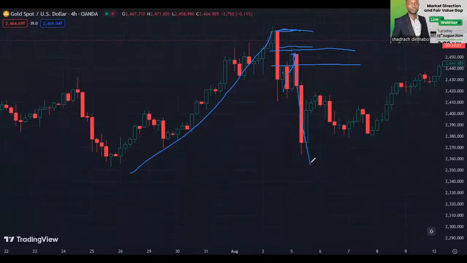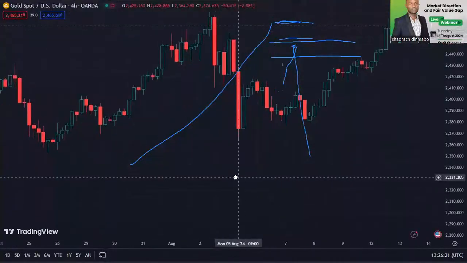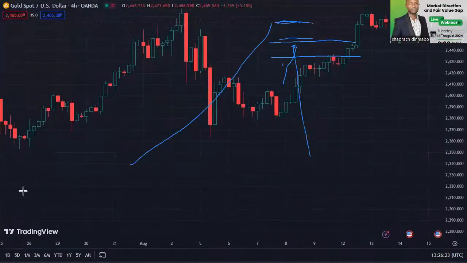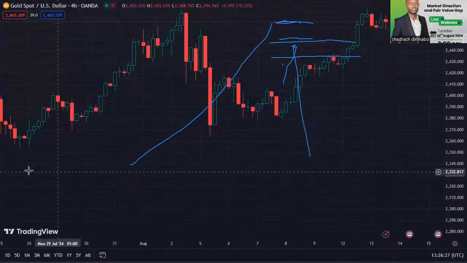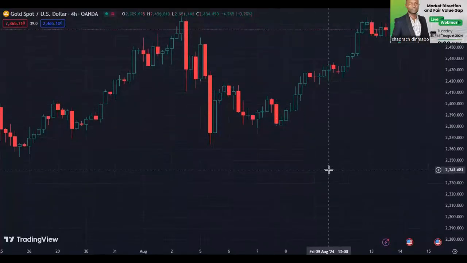Simple. So that is it. The same thing is what is being repeated over and over. There are some cases where the market may not return into the fair value gap.